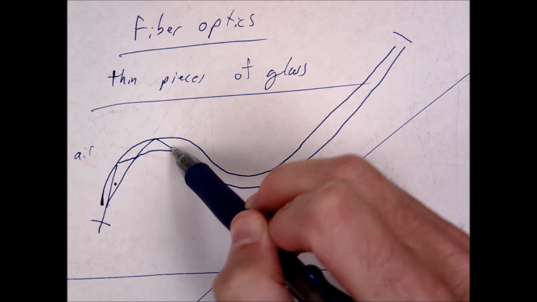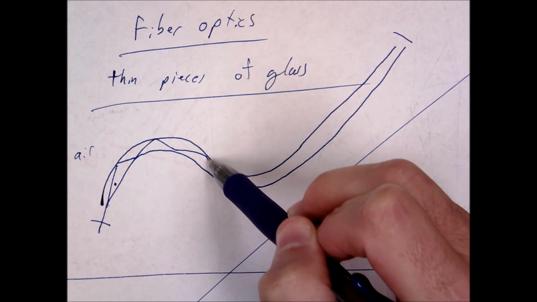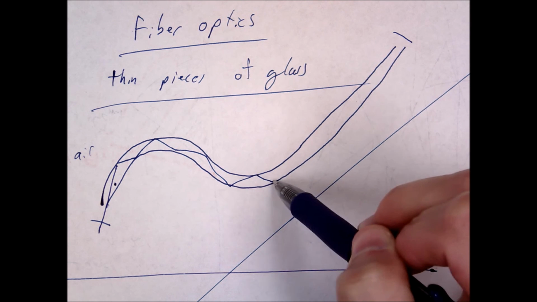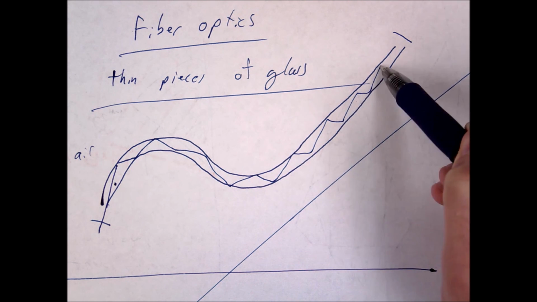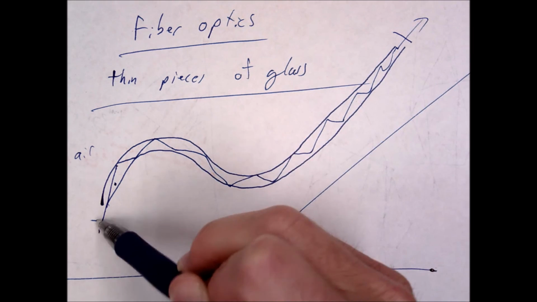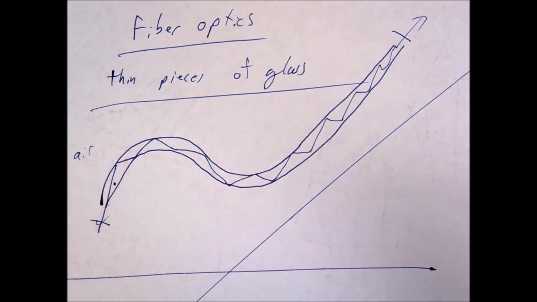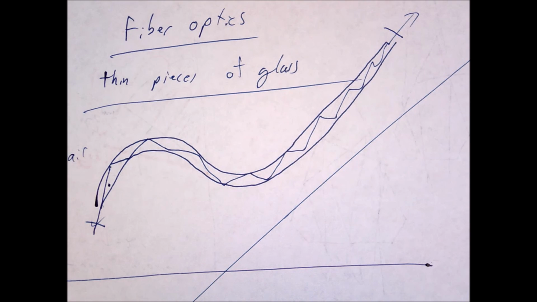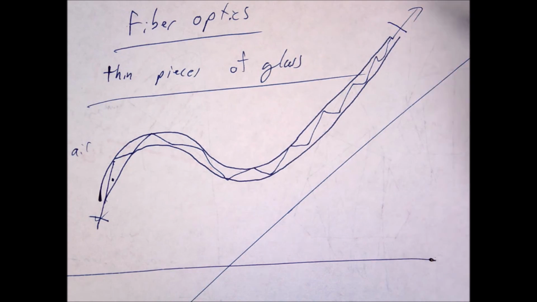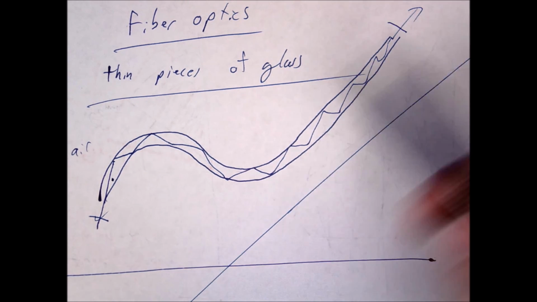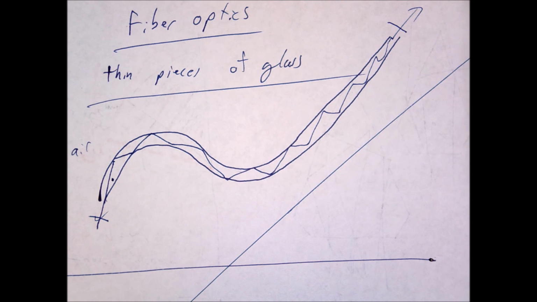So light will just continually reflect, reflect, reflect all the way through, and you can end up with it over here. So if you want to send a signal from here to New York, for example, you don't have to aim your laser straight to New York. You can just send it down a fiber optic, and then just like any other wire, you can communicate with New York that way.